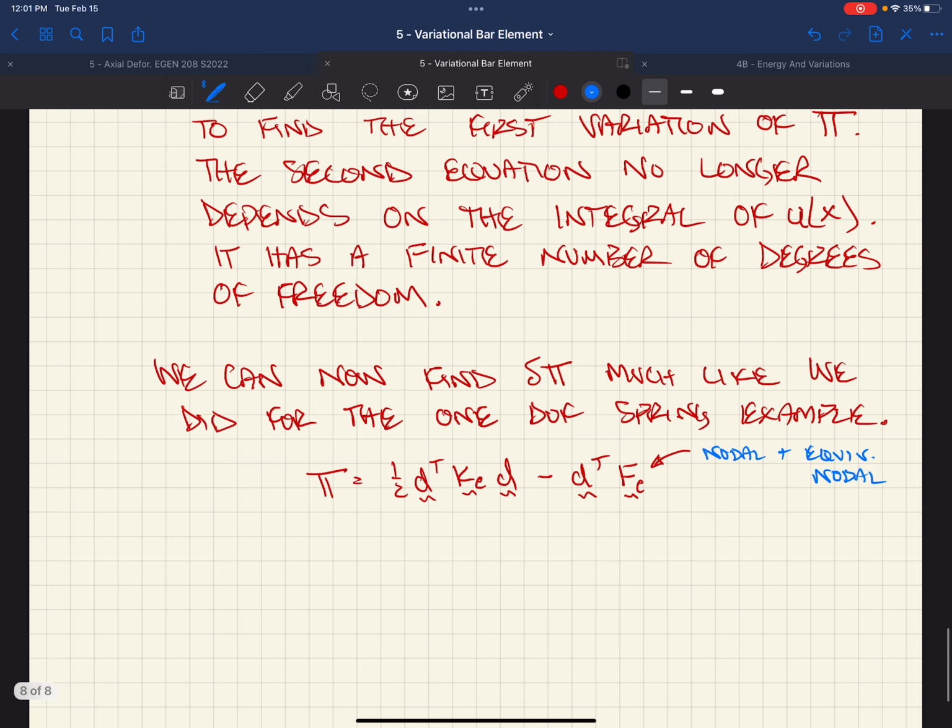And we know that when we take the first variation, delta pi, we set it equal to 0. We get delta d transpose, moving some small amount, times k d, minus delta d transpose times f sub e. We set that equal to 0.